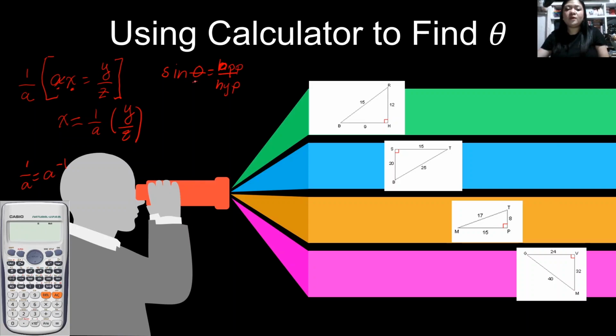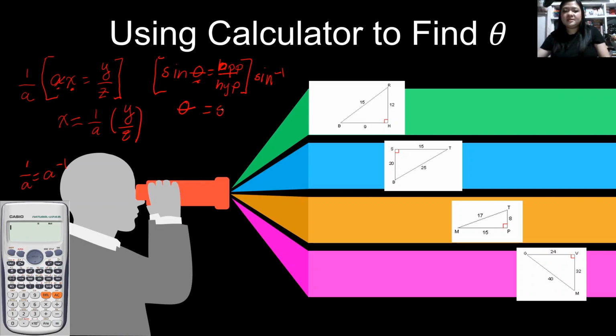Okay, we only want to find theta. So how are we going to put sine on the other side? So same with the previous example, we will multiply our equation by sine raised to negative 1. Okay, so sine times sine raised to negative 1 will become sine raised to 0, and any number raised to 0 is 1. So that will only leave us with theta.